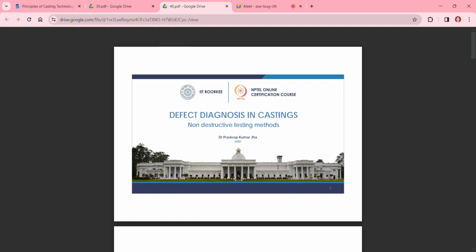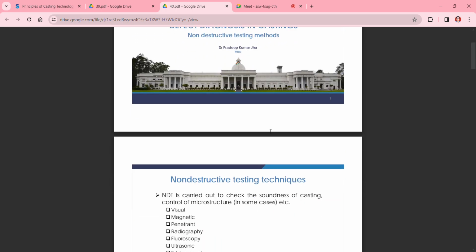So we go with non-destructive testing methods. We are not going to change any physical or metallurgical properties of castings during these testing methods. That's why they are called non-destructive testing methods.